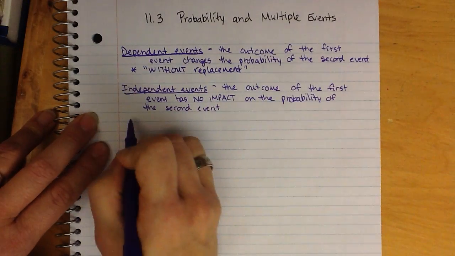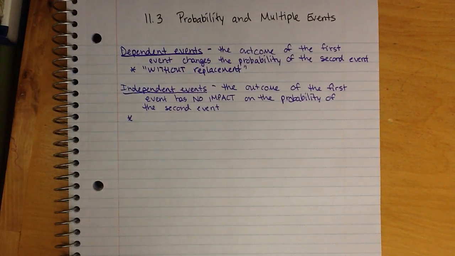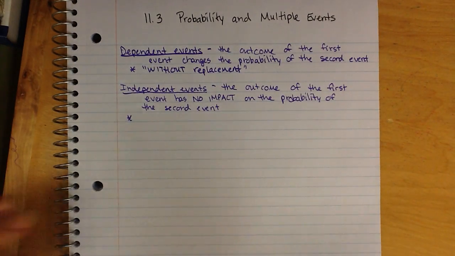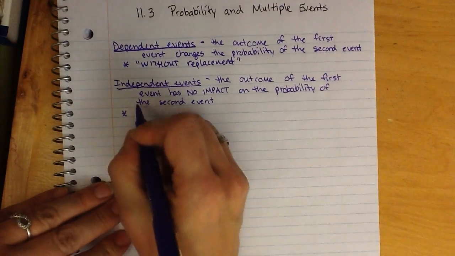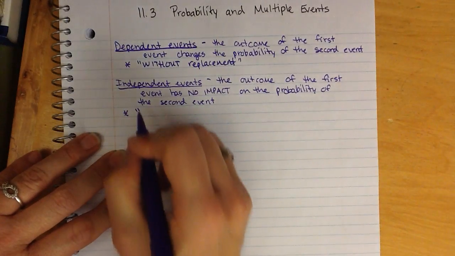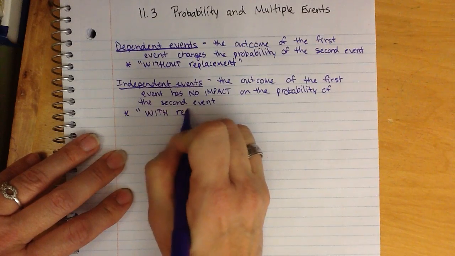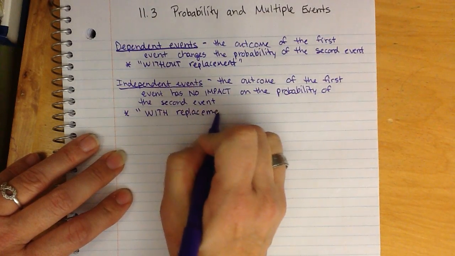An example of that would be if I were to flip a coin and then roll a number cube, what I get on the coin is not going to change the probability for what I get on the number cube. Also, if I put my card back after I draw the first one, then it won't affect the second outcome. So we call that with replacement.